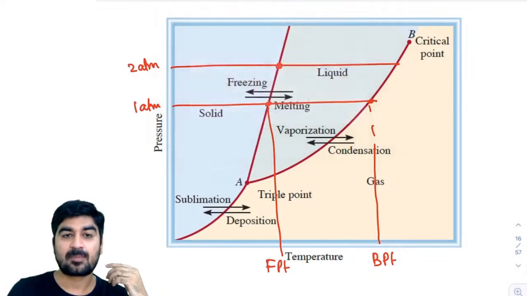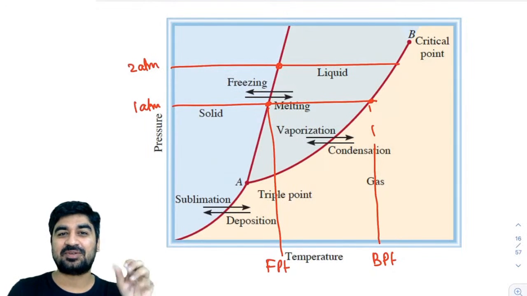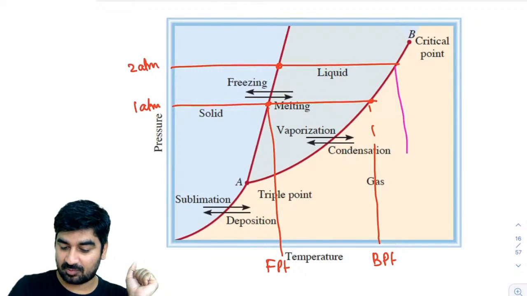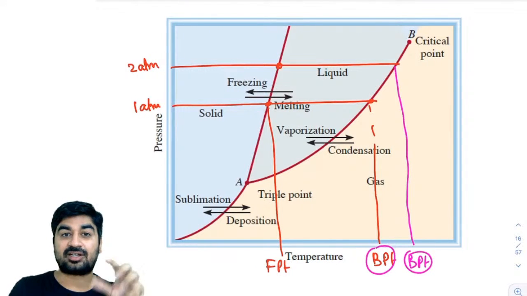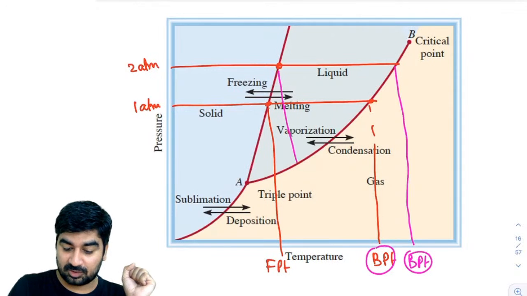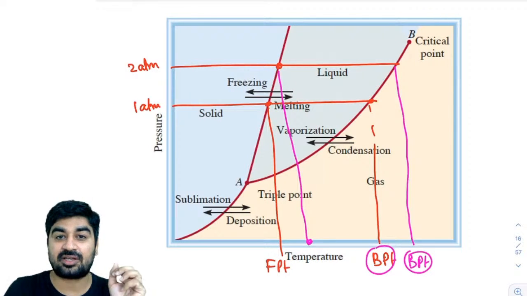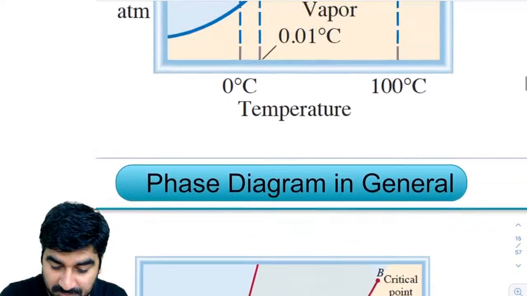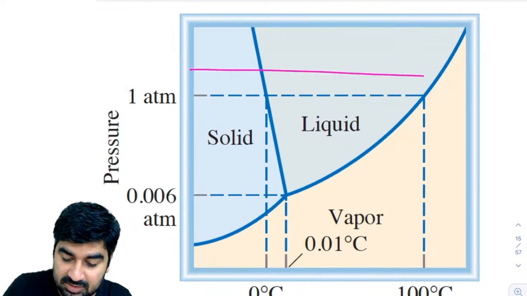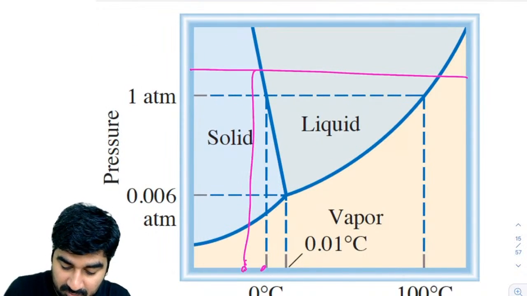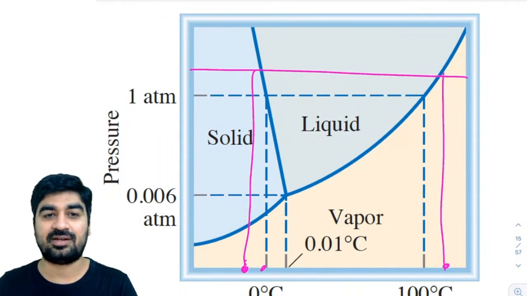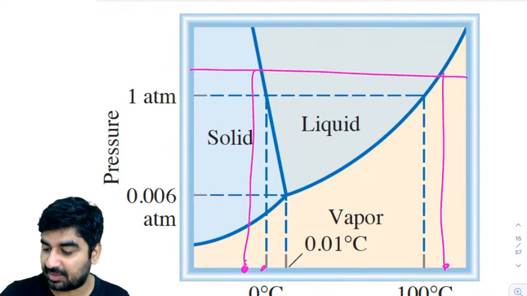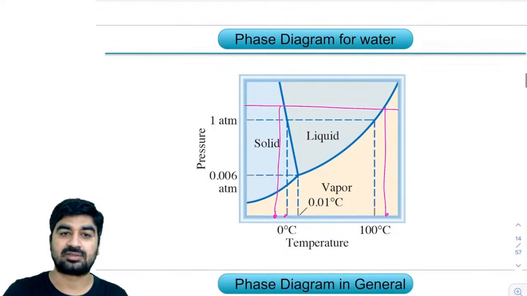Boiling point will increase at the new pressure and melting point will also increase. But in case of water, what was going on? In case of water, when you were increasing the pressure, melting point was decreasing, but boiling point was increasing. So guys, this is the main difference between the boiling point and melting point.